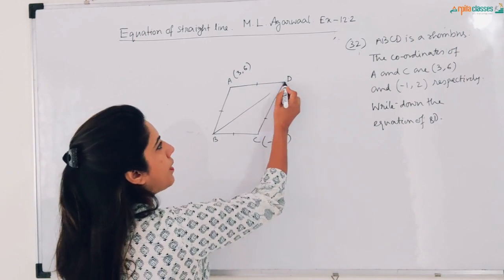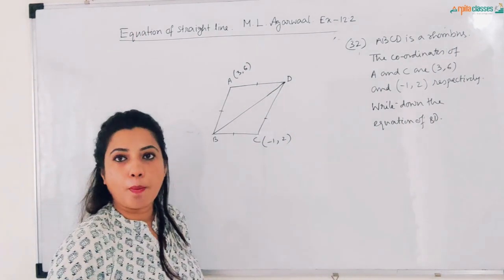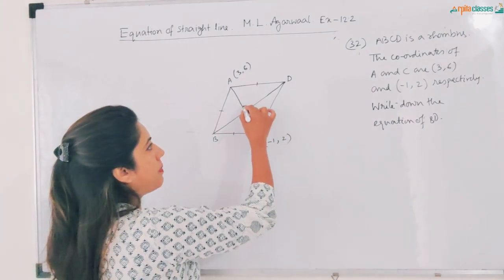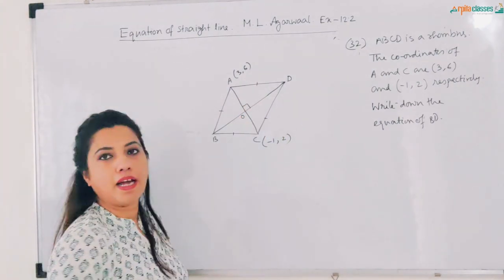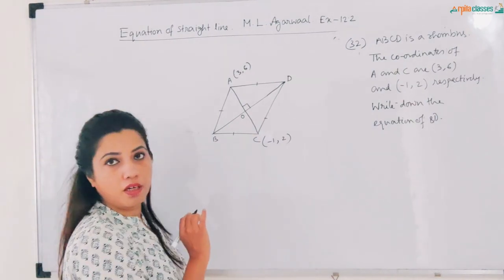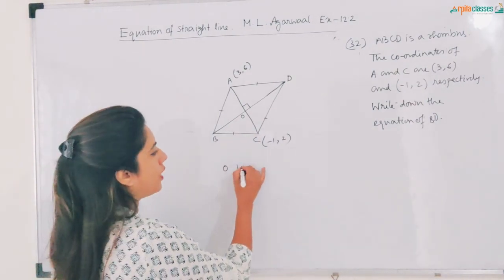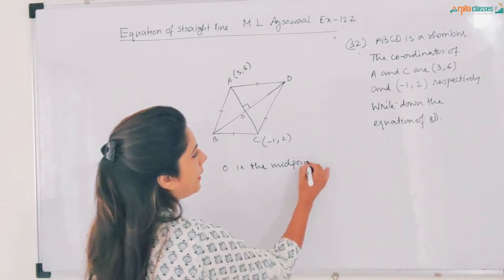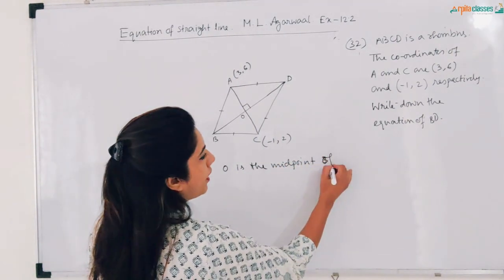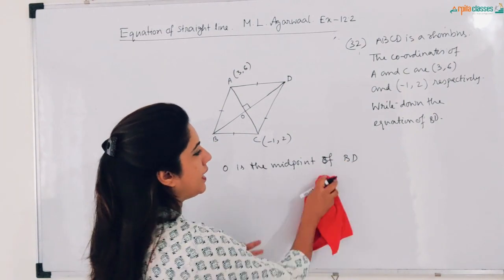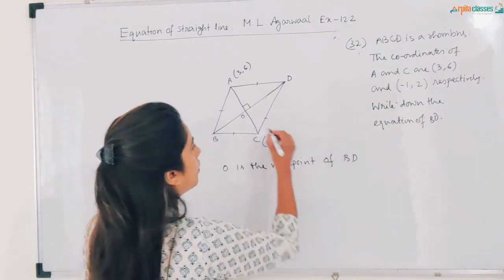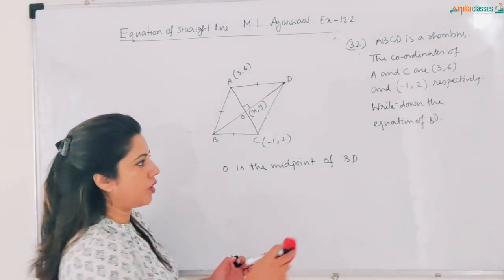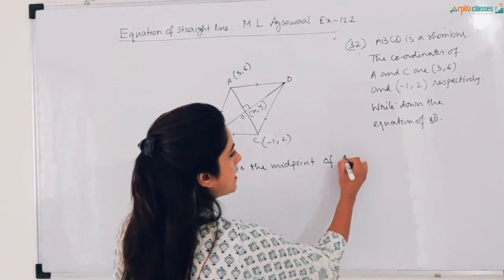So again here we have to use the property of a rhombus, that is the diagonals bisect each other at right angles. So here you have to use the concept that O is the midpoint of AC, because A and C are given.